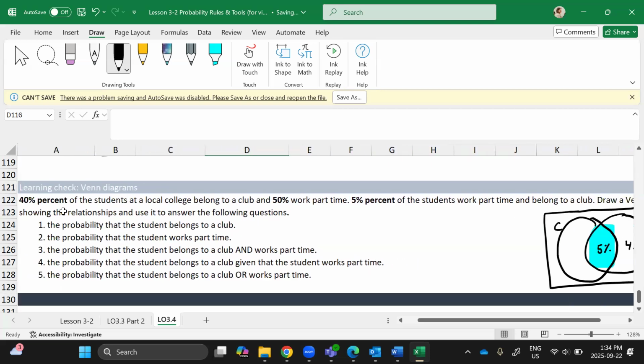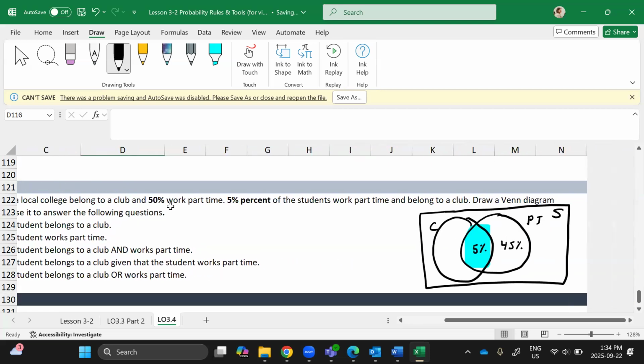And for the percent that belong to a club, it was 40% in total. So if there's already 5% in the middle that do both, it'd be 35% left over.